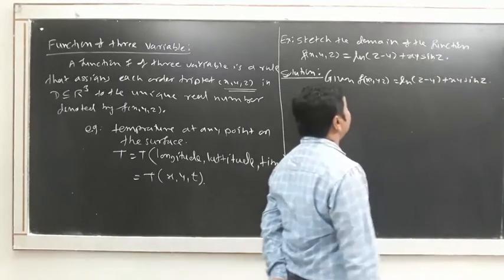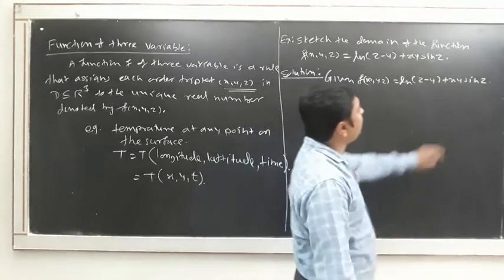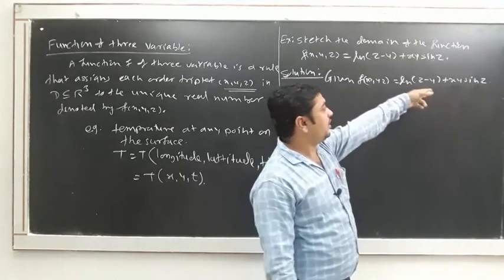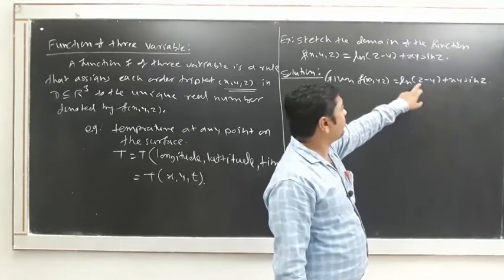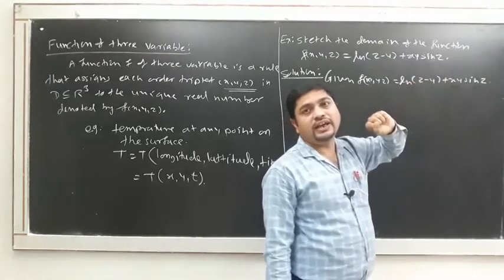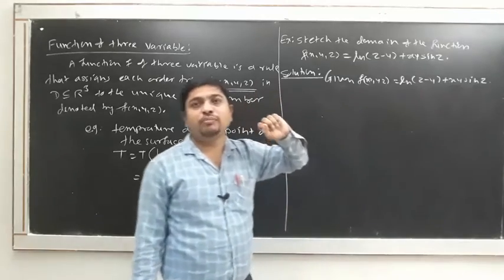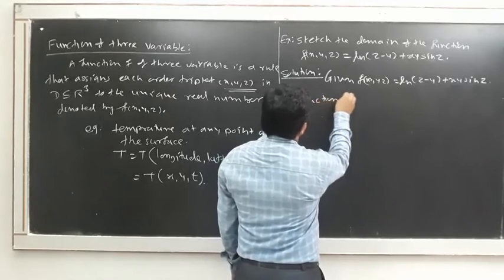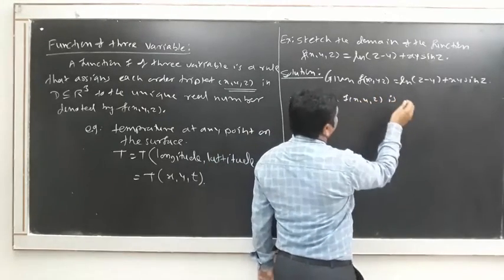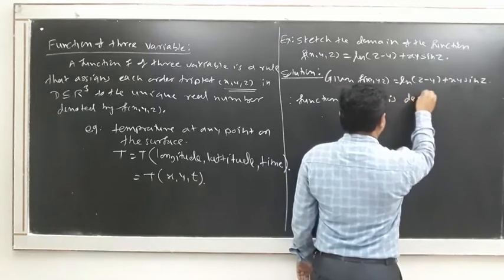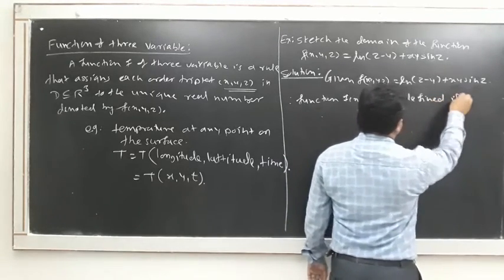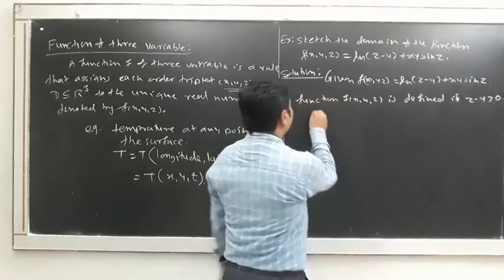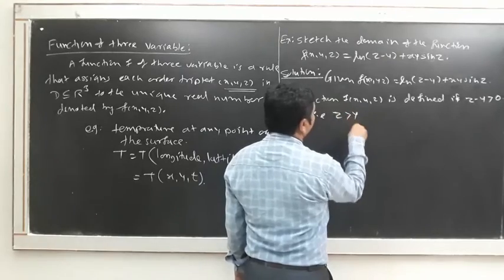Now tell me where the function is not defined. Is there any problem for xy? Is there any problem for sin z? Sin z is defined everywhere. The problem is in the ln, since ln of 0 or of a negative number is not possible. Therefore the function f of x, y, z is defined if z minus y is strictly greater than 0. That means z is greater than y.